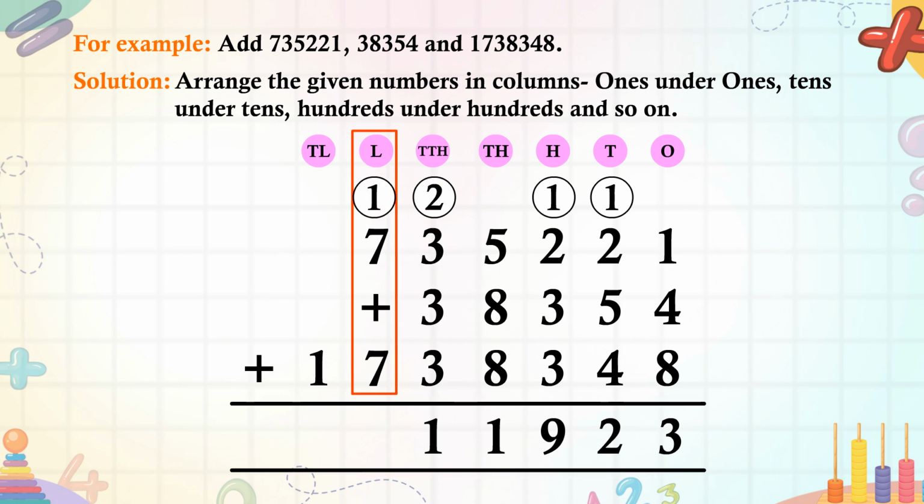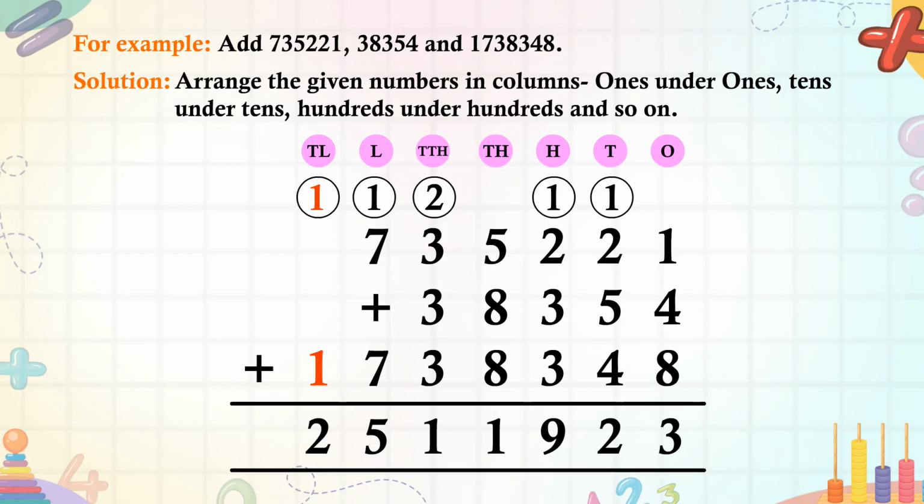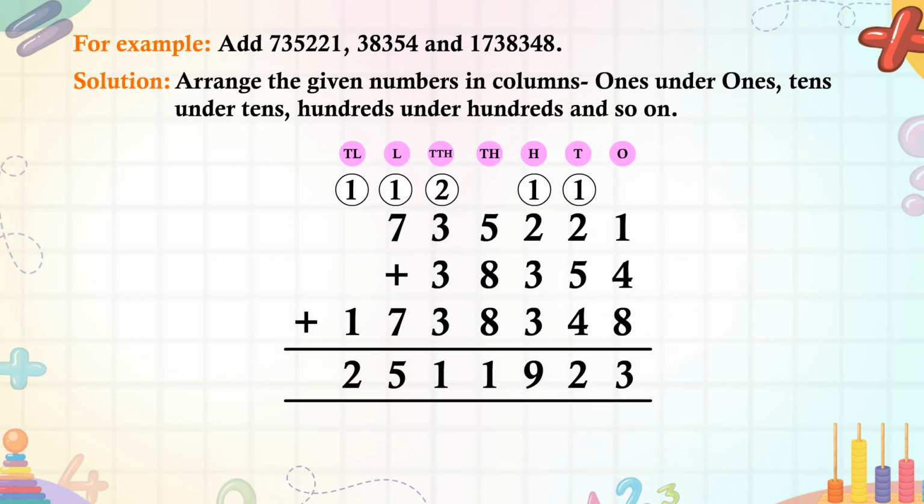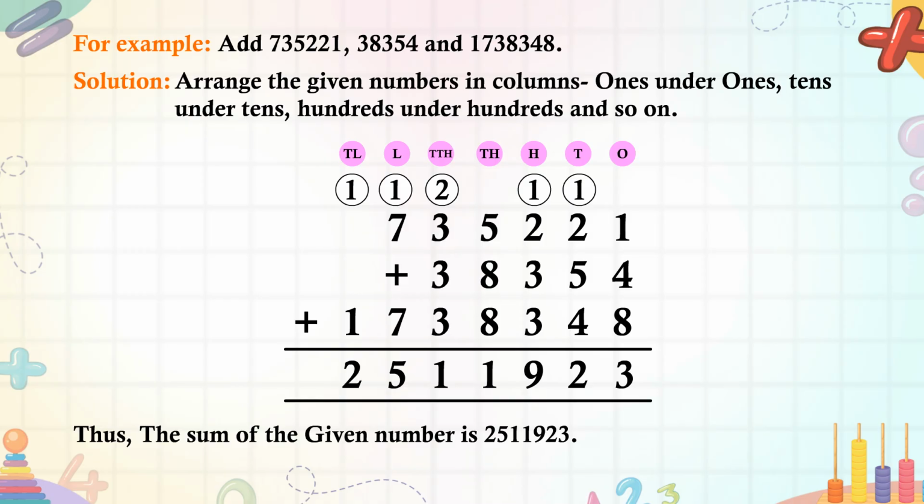Next add the lakh. 1 carried over plus 7 is equal to 15. Write 5 under lakh column and carry 1 to the next 10 lakh column. Next add the 10 lakh. 1 carried over plus 1 is equal to 2. Write 2 under 10 lakh column. Thus, the sum of the given numbers is 25,119.23.